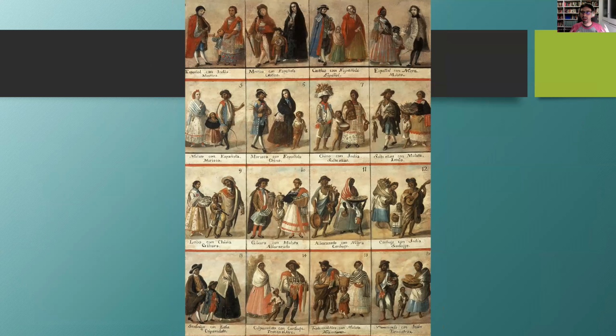So these paintings have different formulas and different definitions, and they're inconsistent from one painting to the next. Of course, they always depict the Spaniards as better dressed and evidently higher ranking, but we also have people of color wearing nice and fine clothes and so forth.